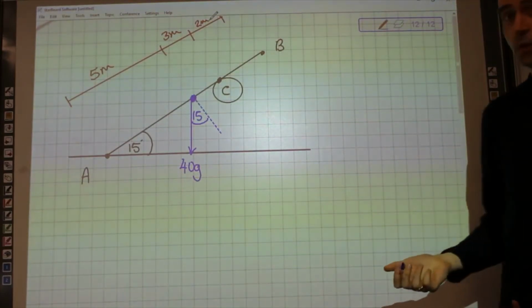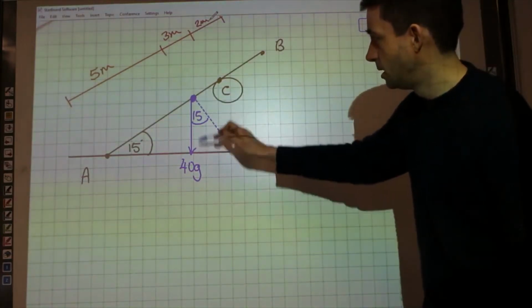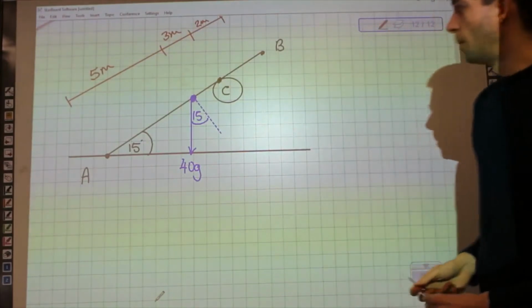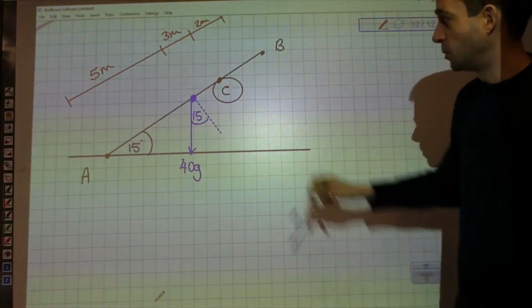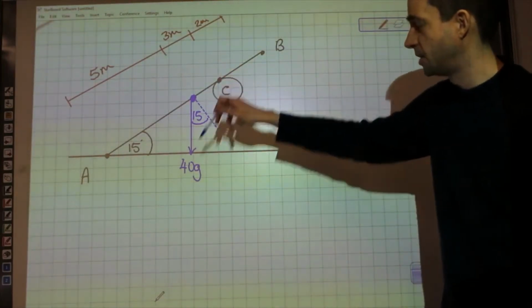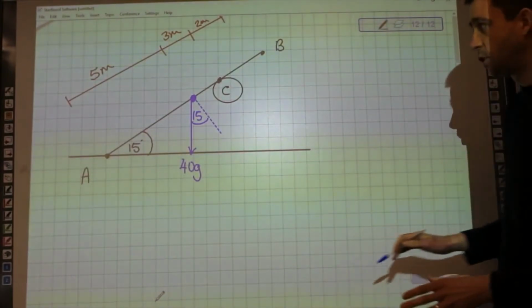Now let's consider forces acting on the system here. We've talked about the weight of A. What we're going to need eventually is the component of this force here, but we'll deal with that later on. At the point A, we have two forces.